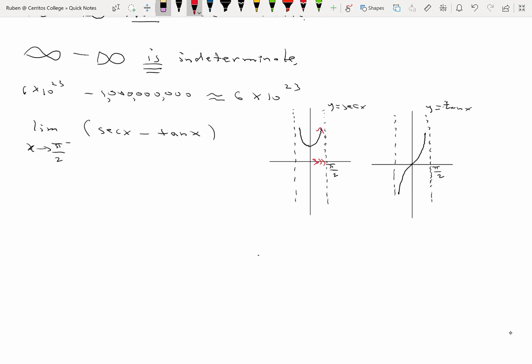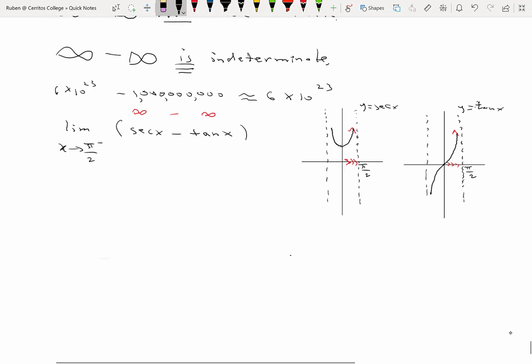So this limit is of the form infinity minus infinity, and the same thing's happening with the tangent. As x approaches pi over 2 from the left, the tangent is becoming infinite. This is an indeterminate form. We can't conclude that just because these two functions are becoming infinite, when we subtract them, we get 0.